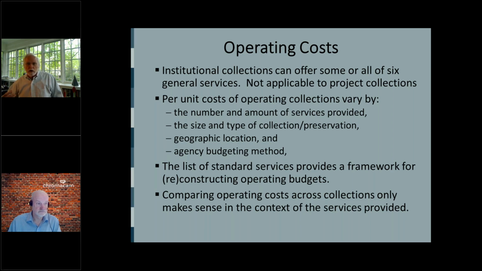Remember, these are held and used and managed by the researchers who collected them and are using them. So they might have a much more liberal approach to destructive sampling because it's not an institutional collection. They may use up the entire specimen in a collection, and they're not bound by institutional policies. So everything I'm going to say about operating costs applies to institutional collections, not to project collections.